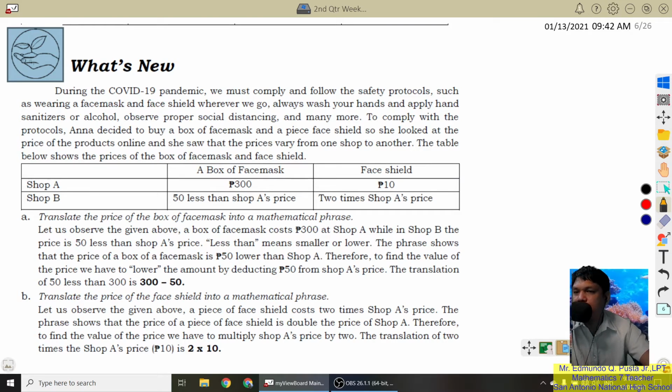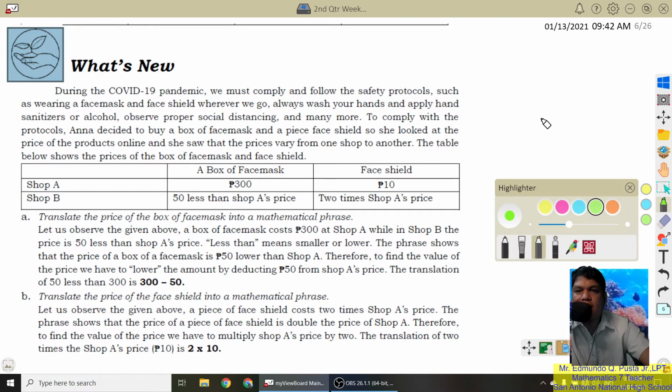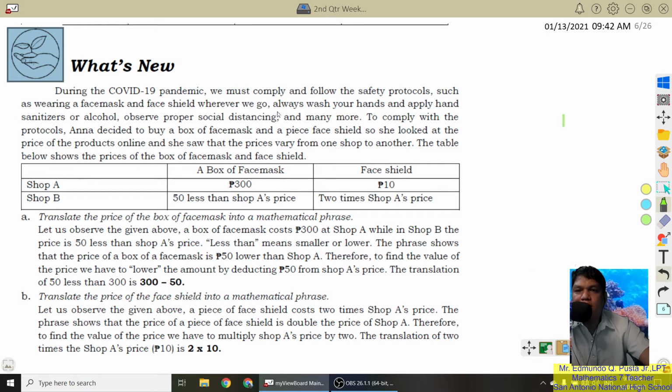So, what's new? During the COVID-19 pandemic, we must comply and follow some safety protocols, such as wearing face mask and face shield. Wherever we go, always wash your hands and apply hand sanitizers or alcohol. Observe proper social distancing and more.